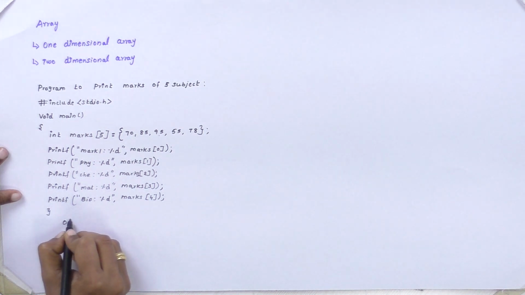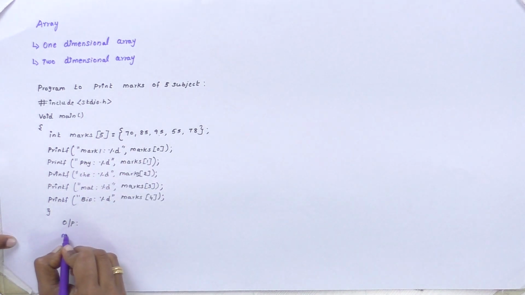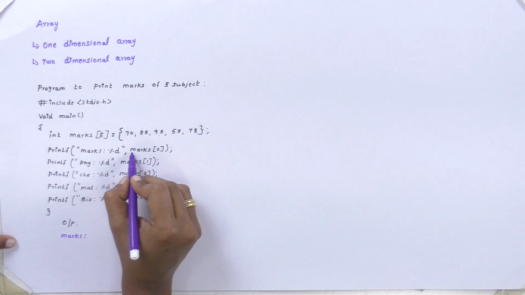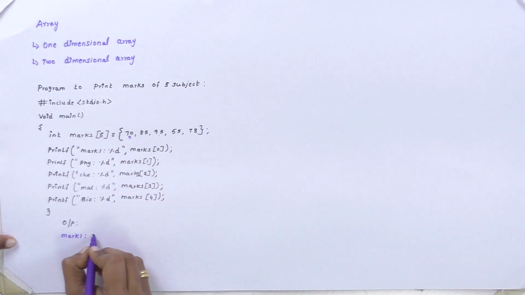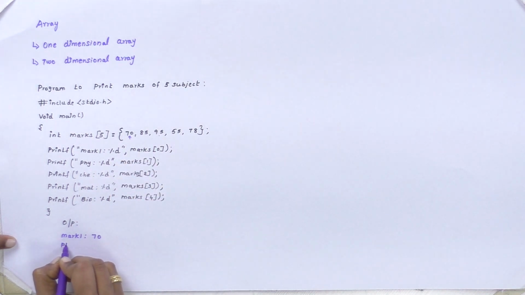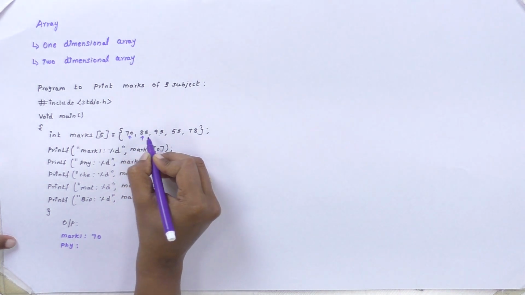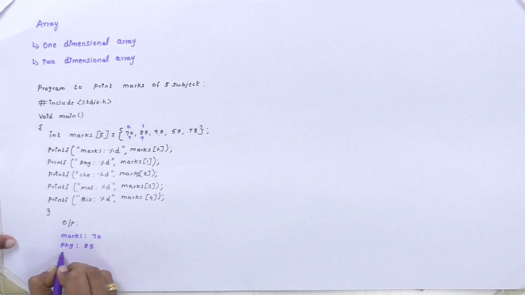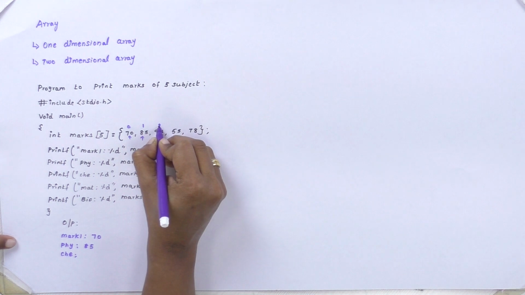So the output of the program will be the mark 1. So mark of 0 represents the 70. Next physics, marks of 1 represents 85. Next chemistry, marks of 2 represents 95.